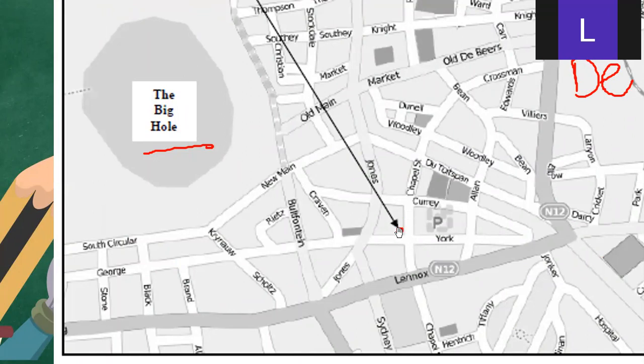So if someone is here, will they be turning left or turning right into Chapel? Can anyone tell me? Will Mrs. van der Linde be turning left or turning right to Chapel Street if we are at this place?